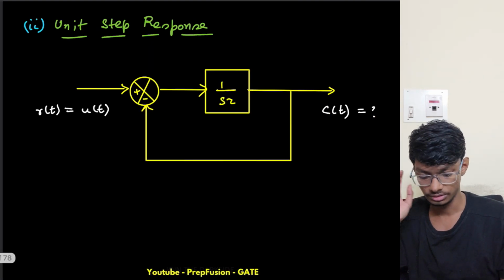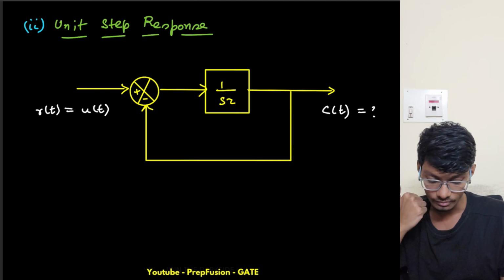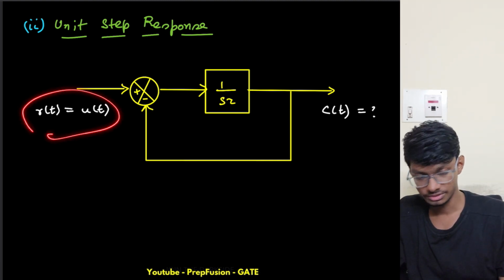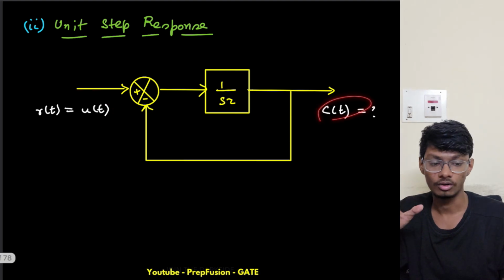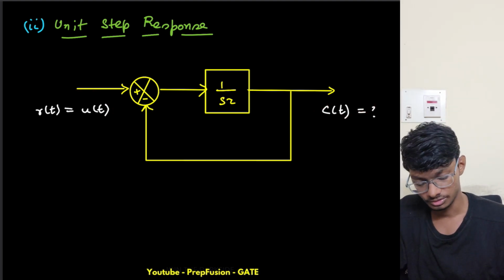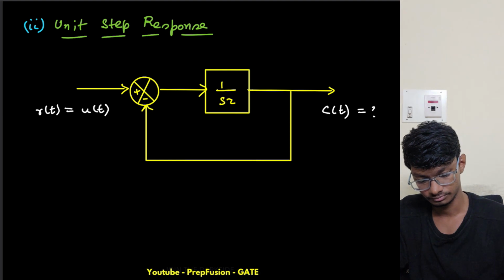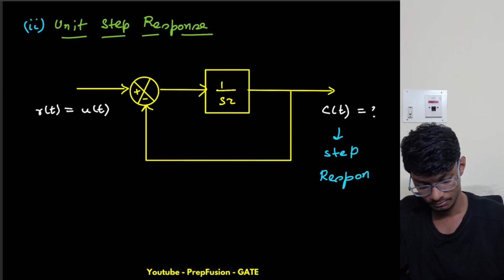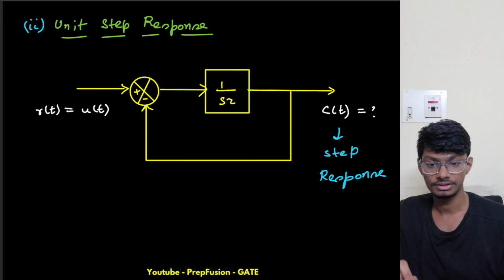Now we will do the unit step response. Basically this time my input is the unit step and my output will be called the step response. And what is this input called?